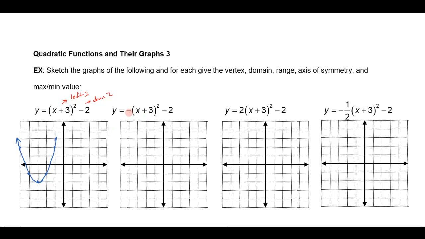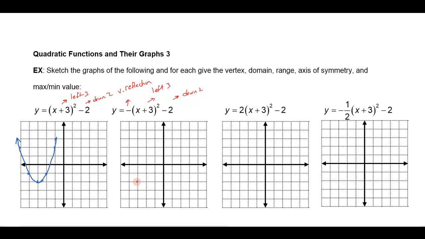Now, how about if I put a minus in front of this? Well, if I follow my order of operations, first of all, this is still going to go to the left 3. This is still going to go down 2. The minus now is just going to be a vertical reflection. So if I take my x squared graph and move it to the left 3, and then flip it over, and then move it down, it's going to be down here, right?